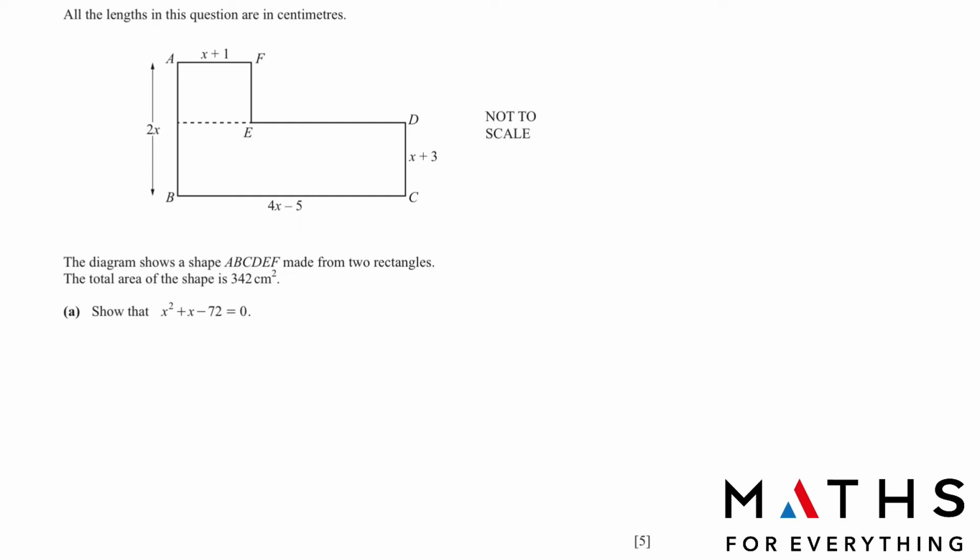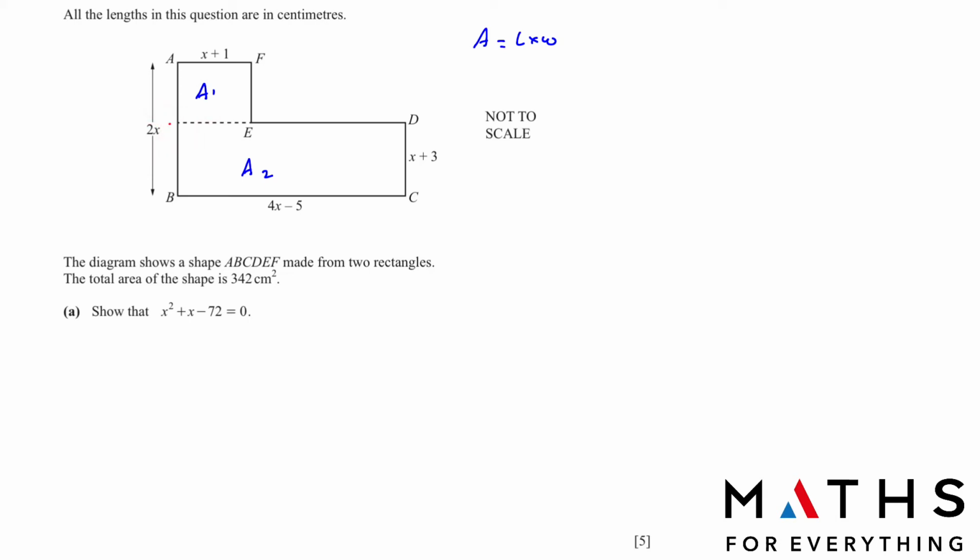So we can name this as area 1 and area 2. When we add both the areas together, we are going to get 342 square centimeters. So the first area, to find the area of a rectangle, we multiply length by width. We have our width here, we don't have our length. This whole length combined, AB, is 2x, but we don't know what is still here.